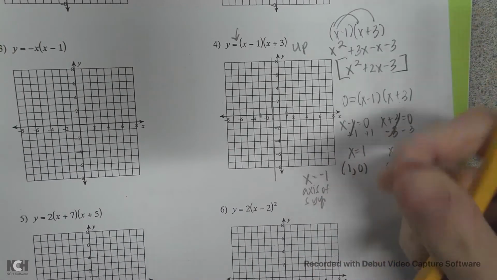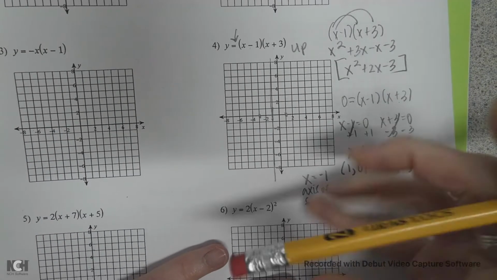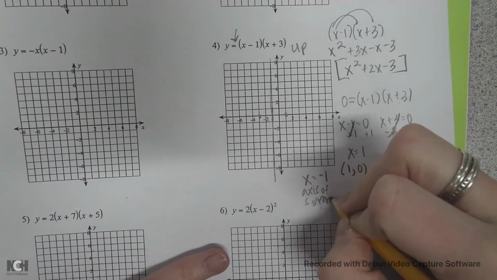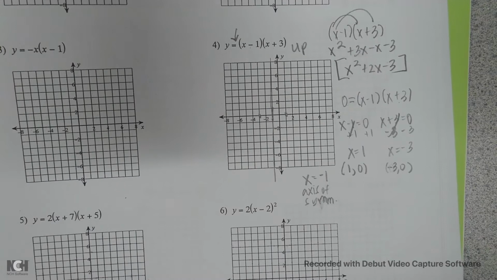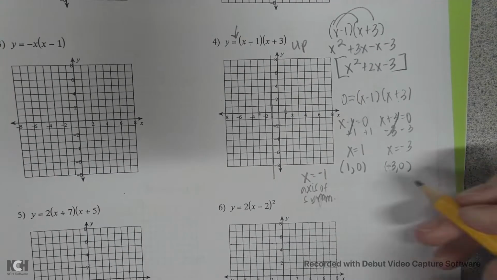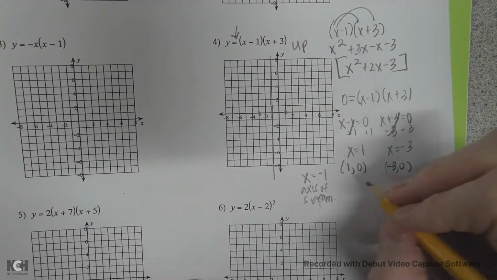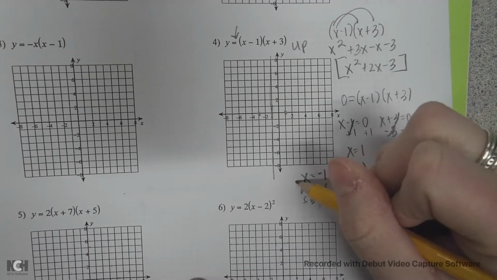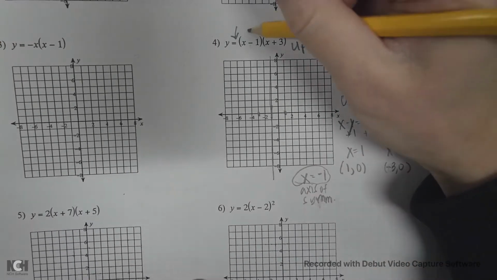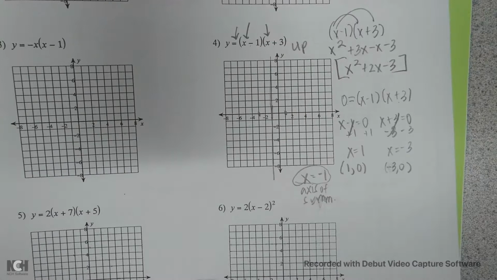Oops. I was like, oh, I'm drawing the y first, but then I drew the y again. Okay, so I know that my axis of symmetry is x equals negative 1. So I am going to take this x value and plug it into my equation and figure out what my y value is when my x is negative 1, and that'll give me my vertex.